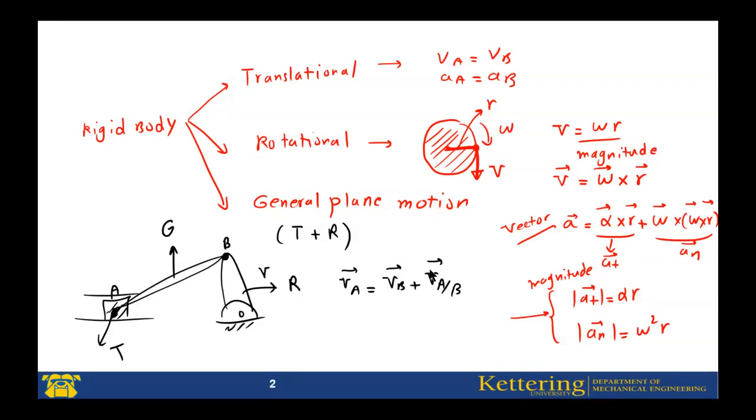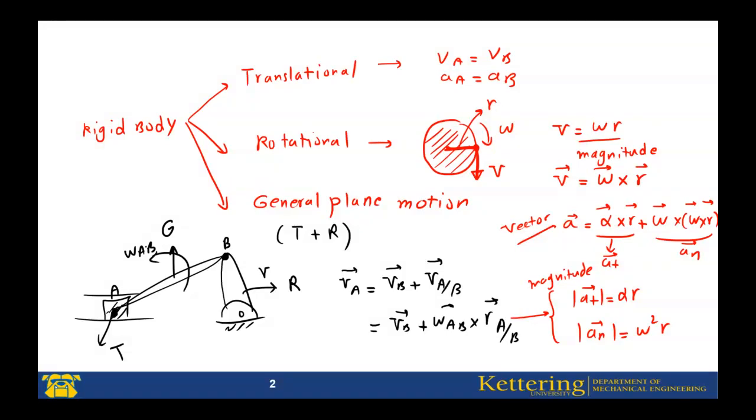This term can be written as omega AB cross product of the R A with respect to B. Now, omega AB is the rotation of this one.